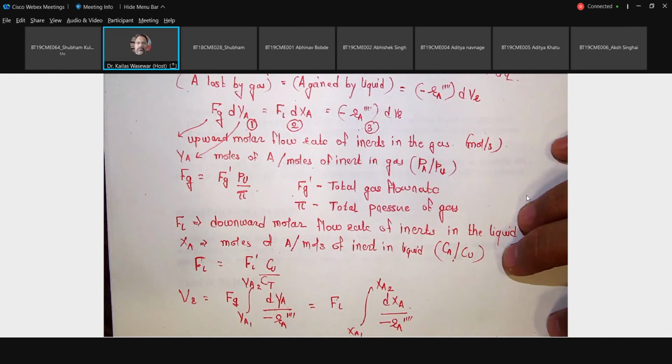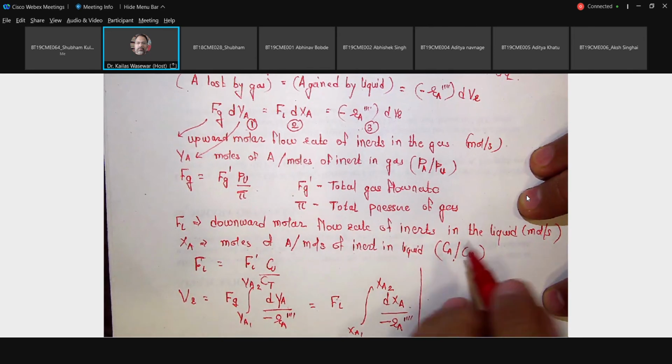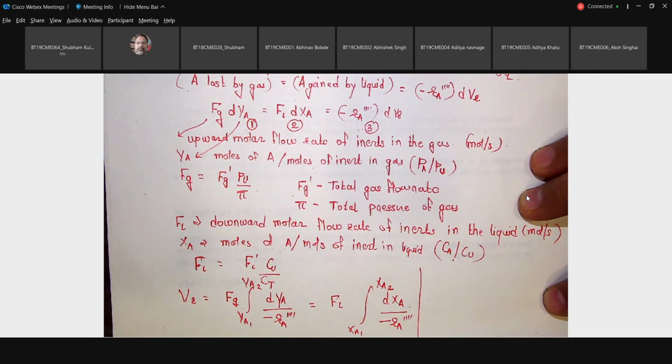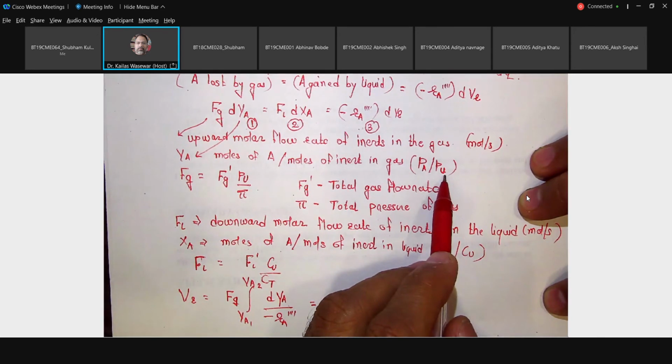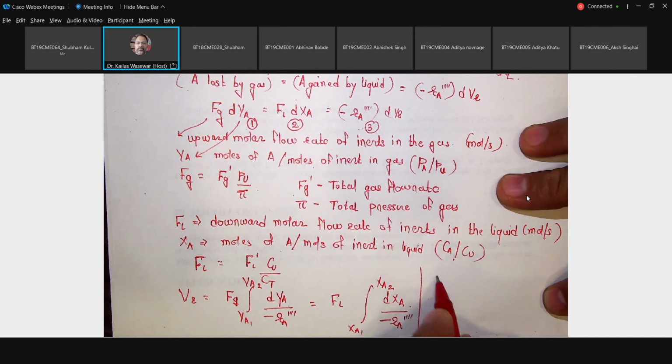Now, further simplifications, if you see here, Ya is equal to what? Ya is equal to PA upon PU.